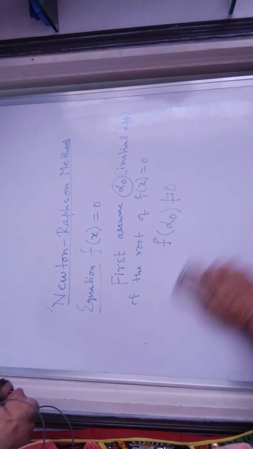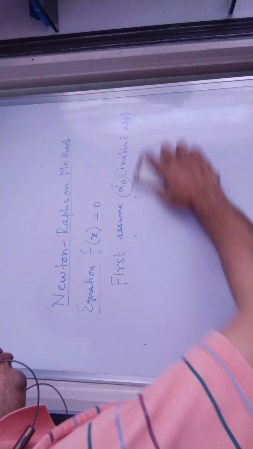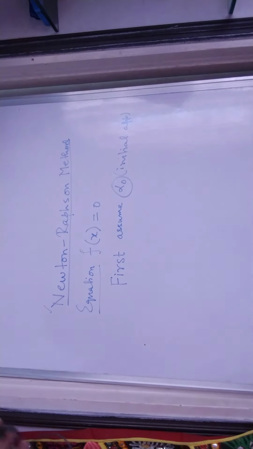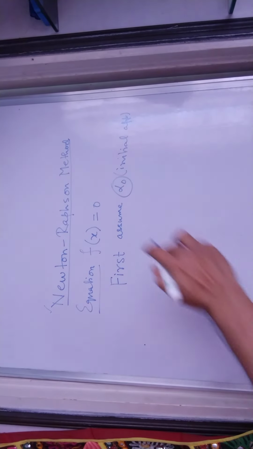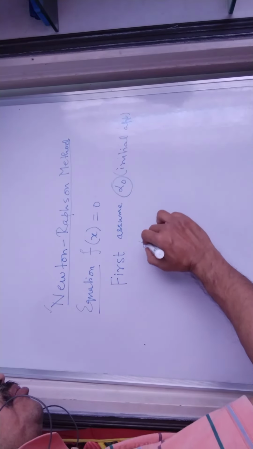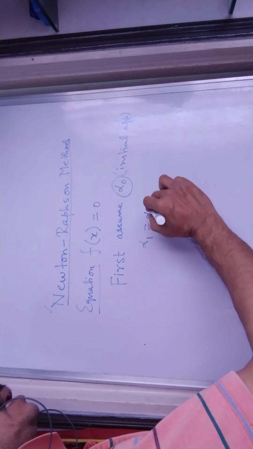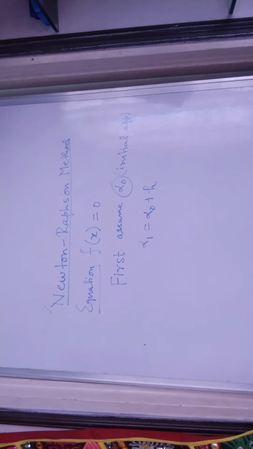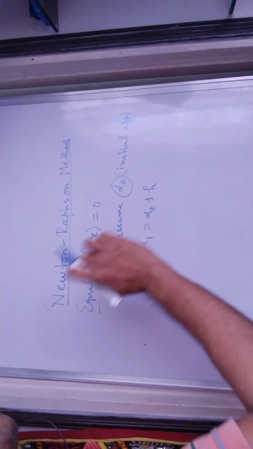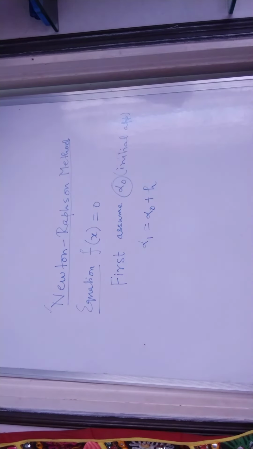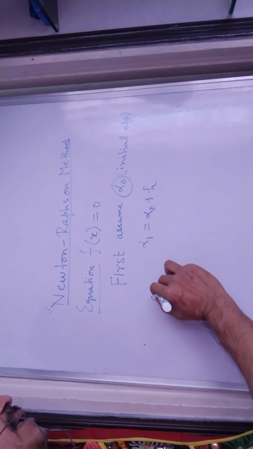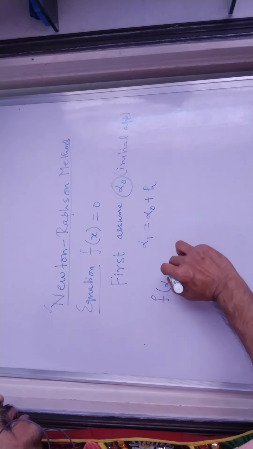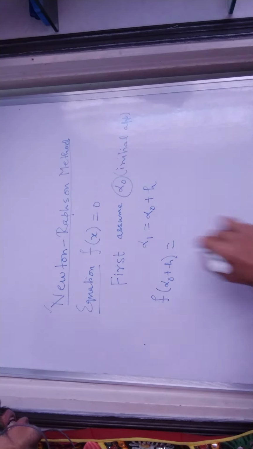And then what happens? We correct this alpha 0 by adding a correction value h, and we argue that this h is small compared with alpha naught. This is a small correction, and then we apply Taylor's series approximation.